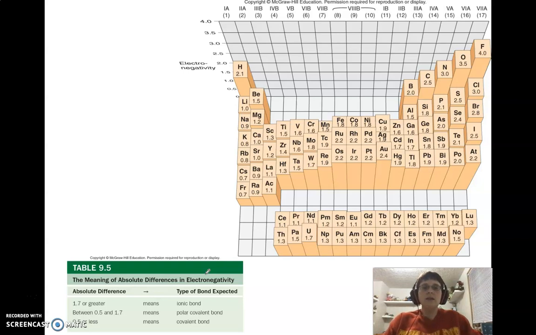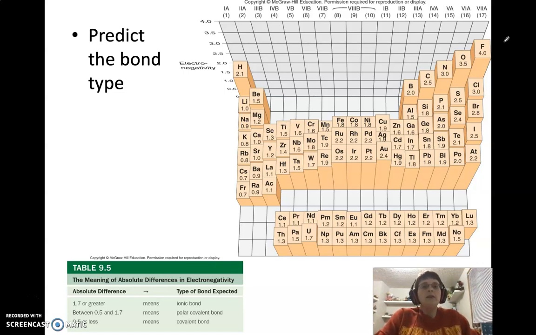So here is the electronegativity table, and if you need these values, I will provide them for you. The difference in electronegativity, like I said, is going to help us predict the bond type. You can see I've provided the little table down here so we can give this a try. On this table they've rated the numbers based on the height of the columns for our periodic table.